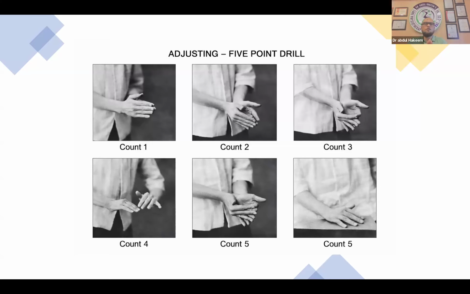During the second count, we have to separate both the thumbs. During the third, we have to separate this. Then the fourth will be this one. Separate both the hands. One is the adjusting hand, one is the anchoring hand.